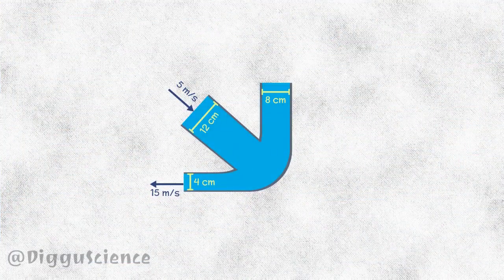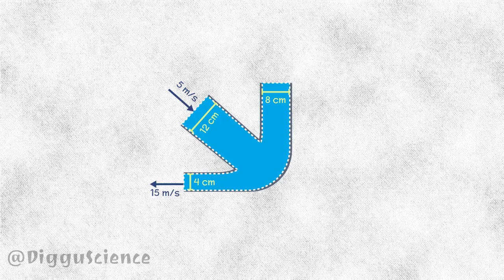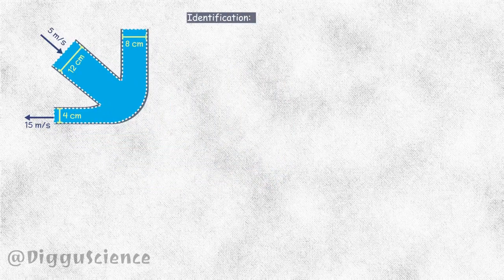The first stage is to determine the control volume. Draw dotted lines as control volume boundaries. The next stage is to determine the physical quantities. Speed 1, v1 is equal to 5 meters per second. Speed 2, v2 is equal to 15 meters per second.